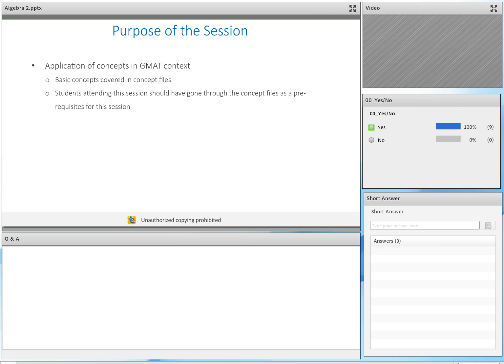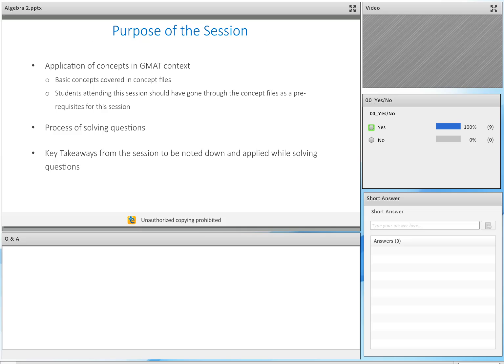So what's the purpose of this session? The primary purpose of this session is to make sure that we tell you how to apply the concepts that are tested in inequalities and absolute value. We do expect a certain foundation, but a very bare minimum foundation. And as we teach you how to apply these concepts, we want to focus on a unified process to solving those questions.